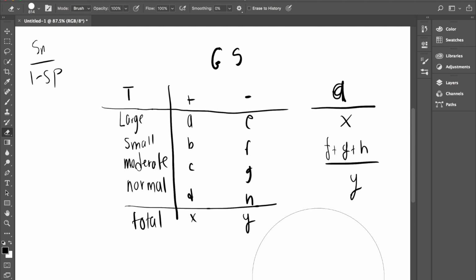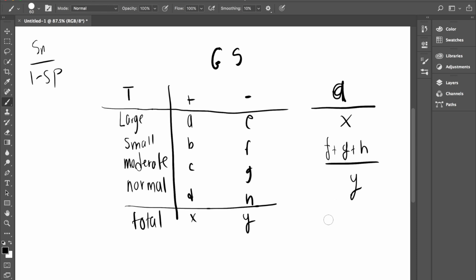So again, I'll go back to this idea of the shortcut. This is my specificity. I need to do this to calculate my specificity, and I need to do this to calculate my sensitivity. But what if I don't want to go through the trouble of calculating this first, this second, and then doing sensitivity divided by 1 minus this?